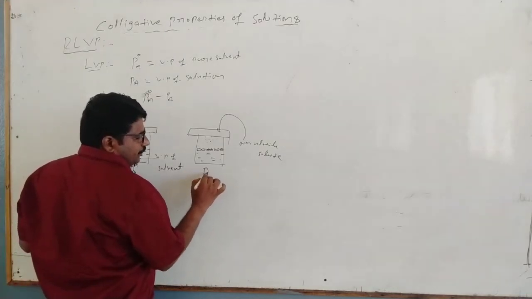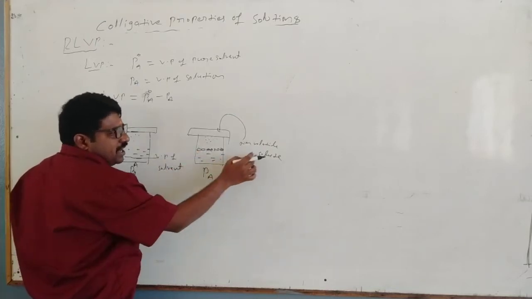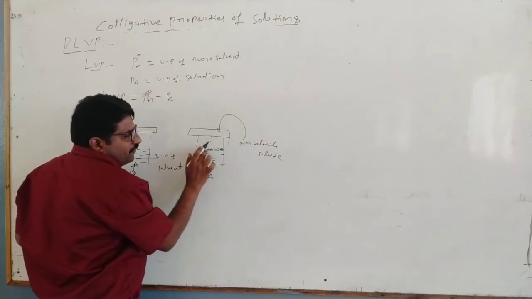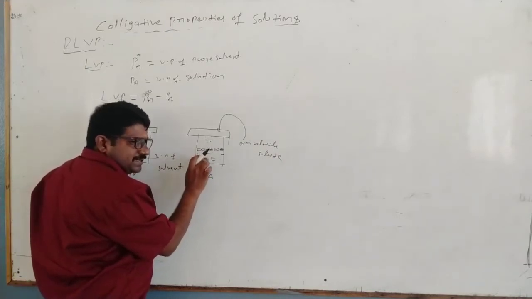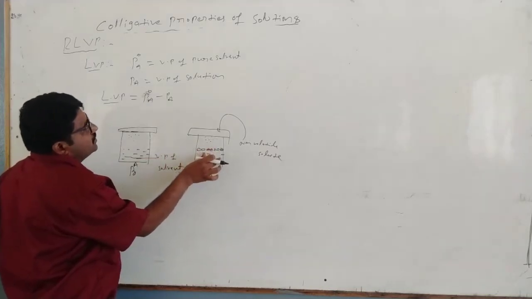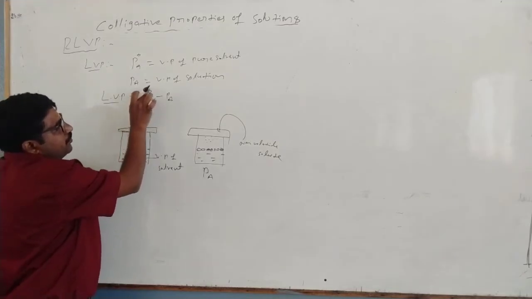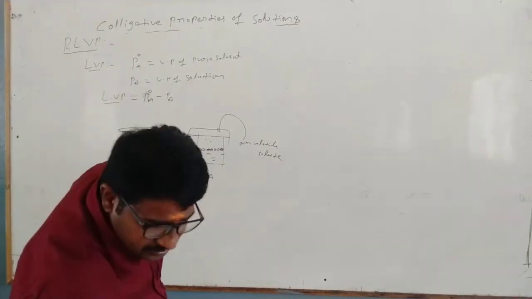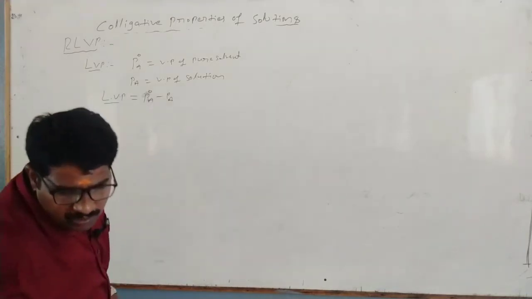Now this is P0A and this is PA. The vapor pressure of this solution is less because the solute particles occupy the surface of the liquid, so the evaporation is less compared to the solvent. The vapor pressure of the solvent is more, so we take a minus: P0A minus PA. The vapor pressure difference between the pure solvent and the solution is called lowering of vapor pressure.